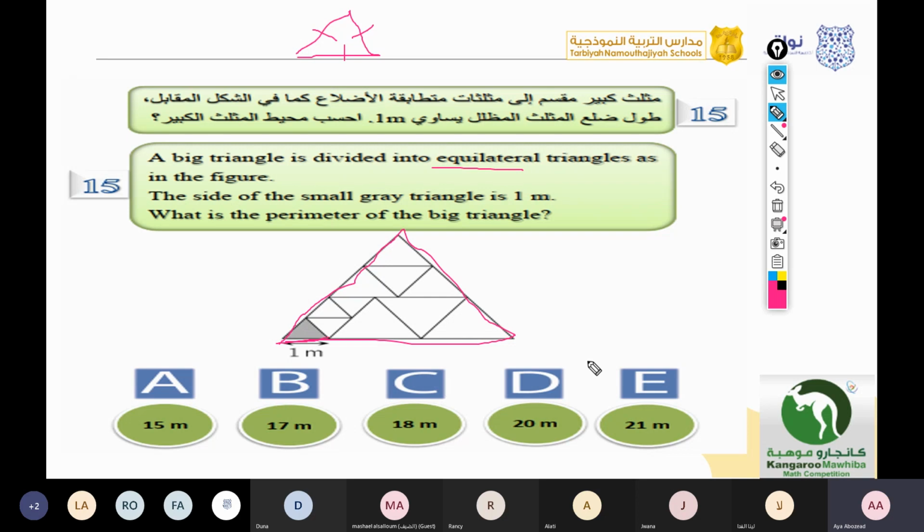A, B, C, D, E. This is 1, and we need the perimeter of all. I'm waiting.